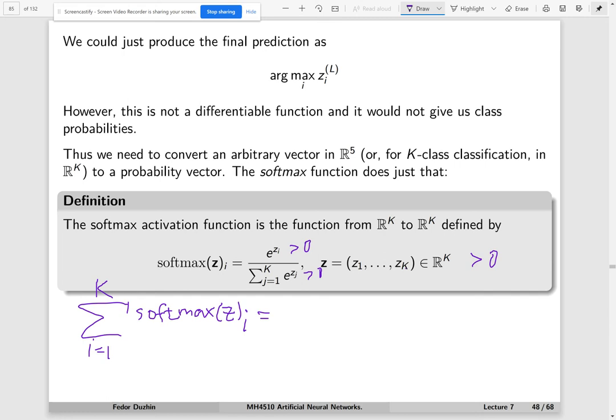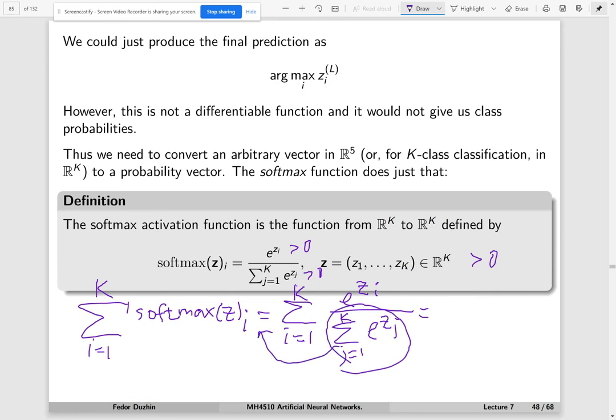I'm going to insert the definition of the softmax function: e to the z_i divided by the sum over j from 1 to k of e to the z_j, and this sum is taken over i from 1 to k. Notice that this term does not depend on i, so we can take it out. This is going to be 1 over the sum over j of e to the z_j, and I will omit the limits of summation, times the sum over i of e to the z_i.